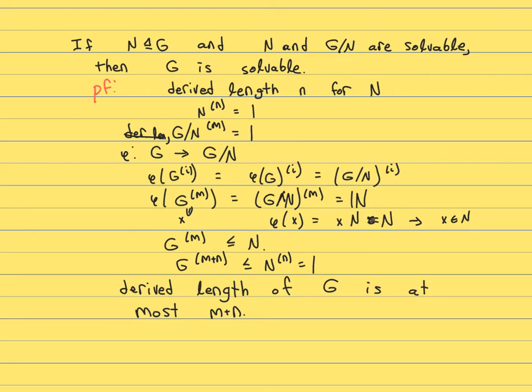Then you use isomorphism theorems to lift the normal series from the quotient, and you glue the two together, and you use a bunch of the isomorphism theorems to prove that you actually get a subnormal series for G that shows that G is solvable. But again, it ends up being very technical, so having this shorter proof using induction is a lot nicer.